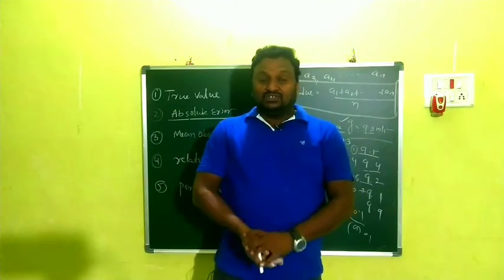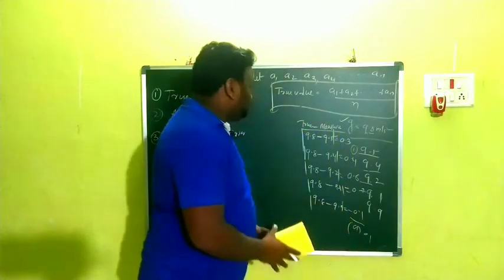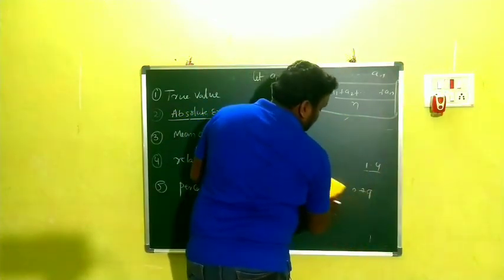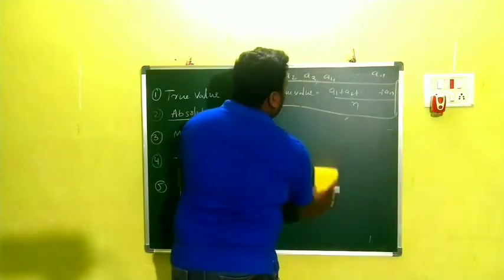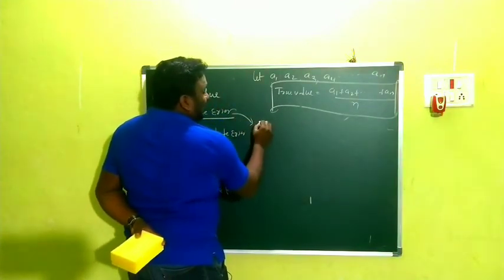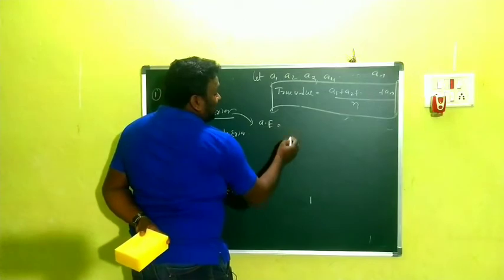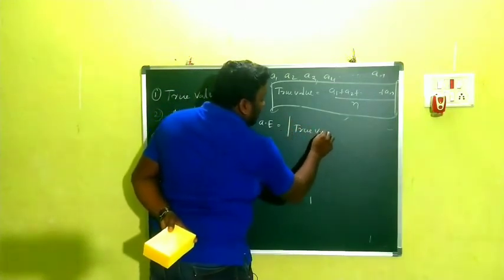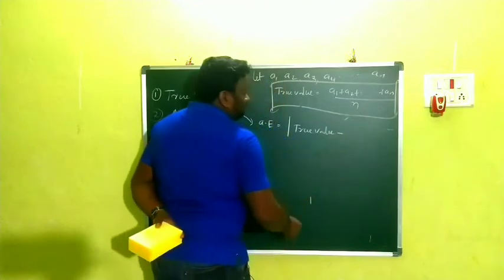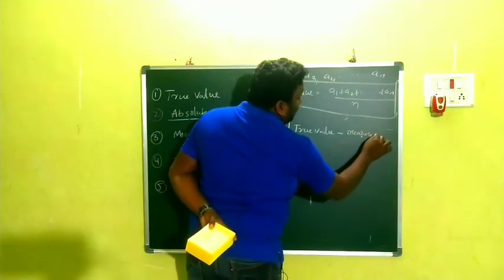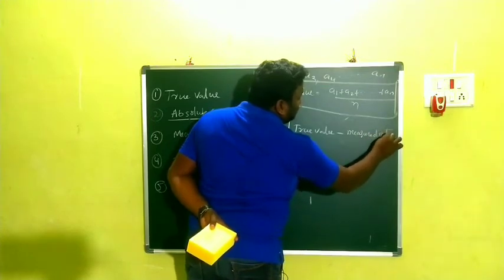Clear, children? So now I am writing: absolute error is equal to the magnitude of true value and measured value.